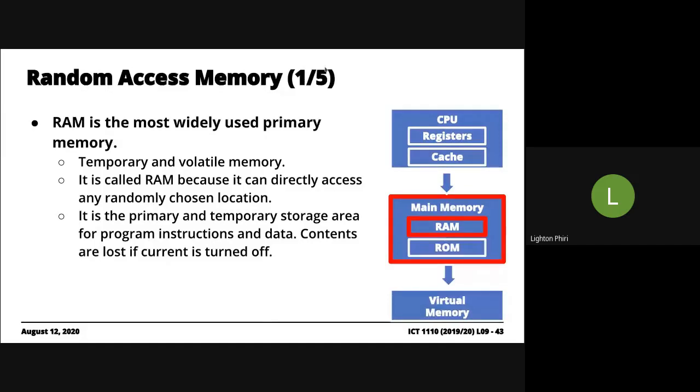We're saying here that RAM is the most widely used memory component. I hope you get the picture, though. I guess it's the most commonly known type of primary memory. The statement is a bit confusing if we say it's most widely used here.